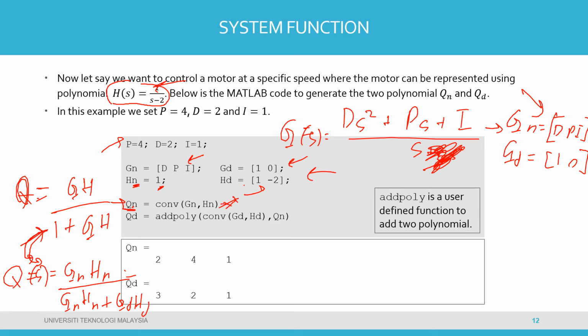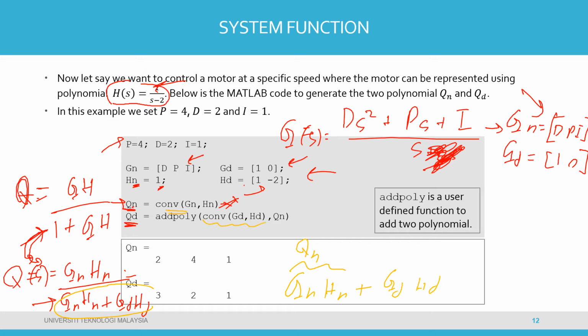Okay, and for the denominator, remember here you have to, I change pen. Okay, Gn hash N is basically the Qn. It's the same thing, and plus Gd hash D. So you have to multiply this.